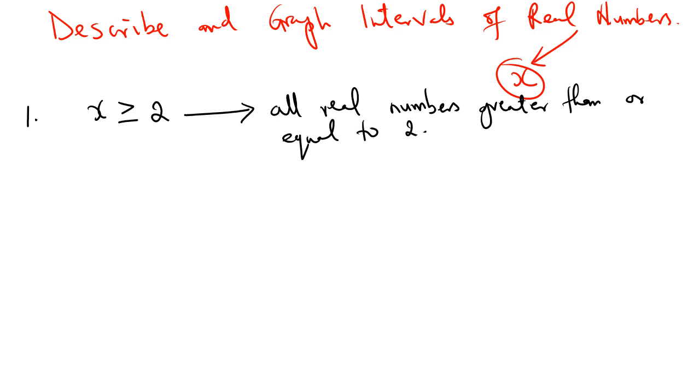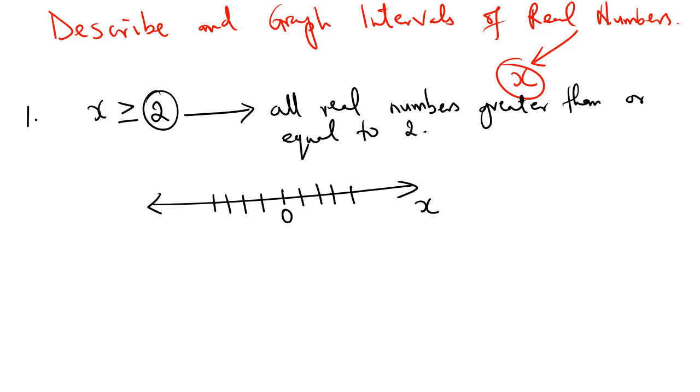So to graph, we'll draw a number line and locate the origin, have x to the right. So we have the number 2. We'll locate 2: 1, 2, 3, 4, keep going. And then we're going to the positive 2. That's positive 2 right there. And since we have greater than or equal to 2, we mean all numbers to the right of 2, including 2.